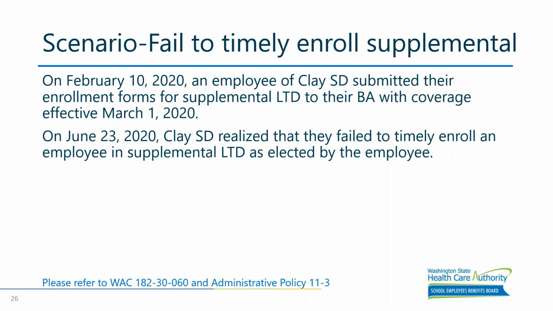On June 23rd, Clay School District realized that they failed to timely enroll an employee in supplemental LTD as elected by the employee. So this employee must have dropped off their forms, and the BA either lost the forms in a paper shuffle or whatever happened on the SEBB organization side, the employee did not get the elections on supplemental LTD that they elected.